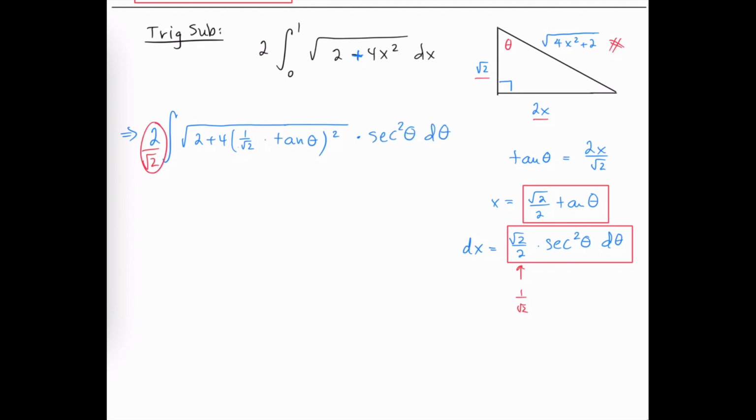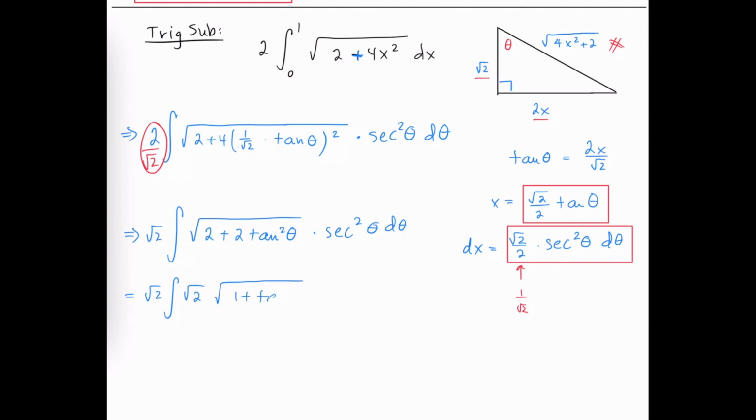Now I'm going to simplify this fraction again. Now it's rad 2 in the top, and underneath our radical, now we have 2 plus 2 tan squared theta times secant squared theta d theta. We can factor out a radical 2 and get 1 plus tan squared theta that remains under the radical, and then pull that other radical 2 to the outside to give us 2 out there now. 1 plus tan squared is secant squared, and when we take the square root of secant squared, we just get secant.